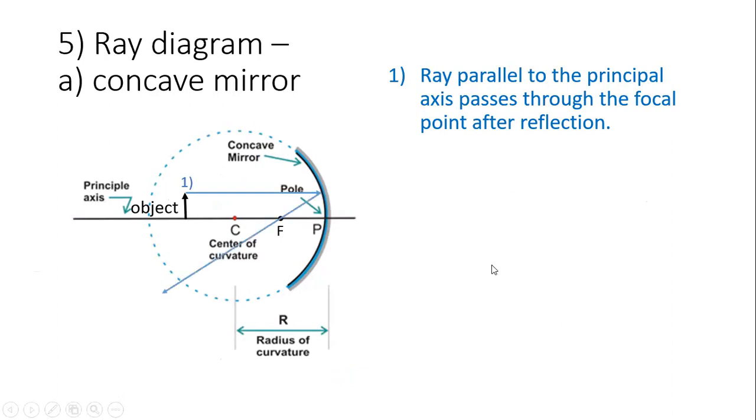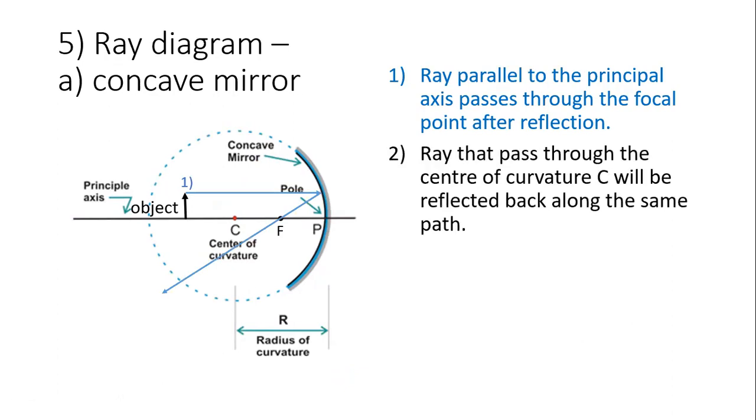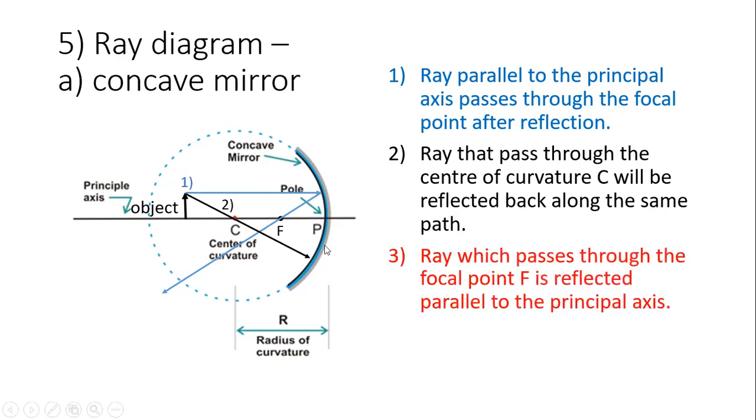The second ray goes through the center of curvature, and is reflected backwards on the same line. I didn't draw it because it's almost the same thing. The third ray goes through the focus, and after reflection, it goes parallel. The three rays should intersect, and that is your image.